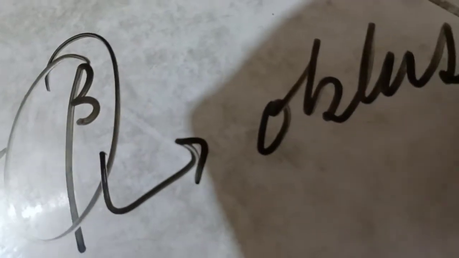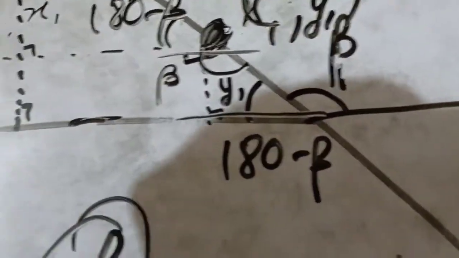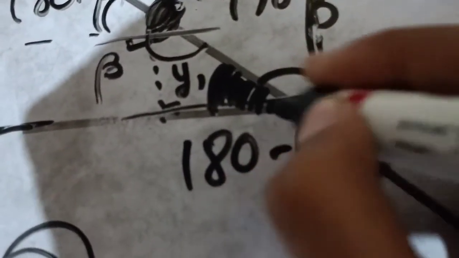Here our theta is beta, so tan beta, and this beta is obtuse. Is that right? Now for this tan beta, you need to state this angle as theta.